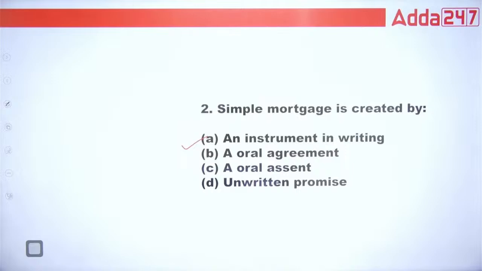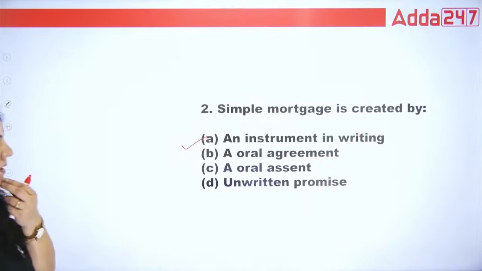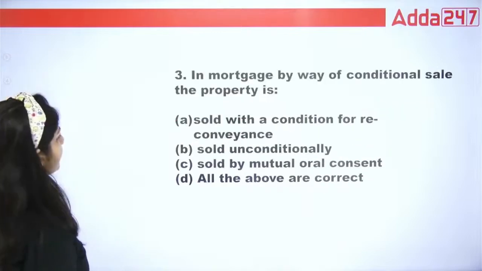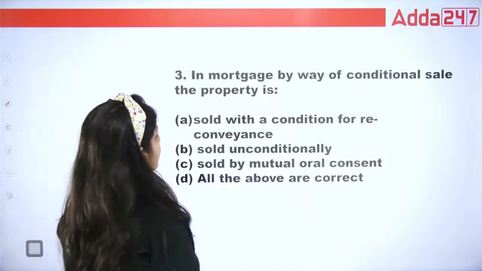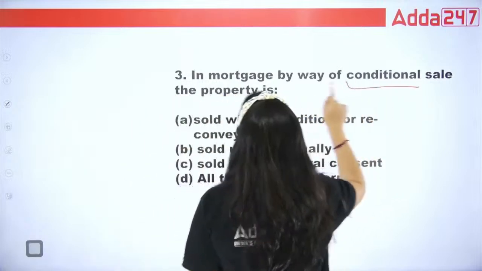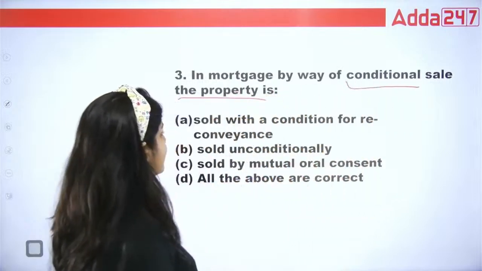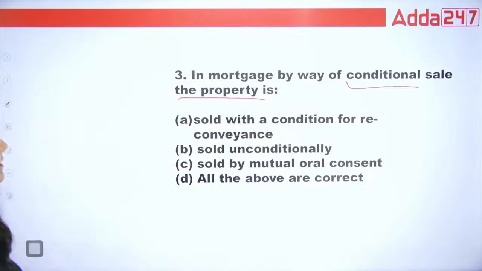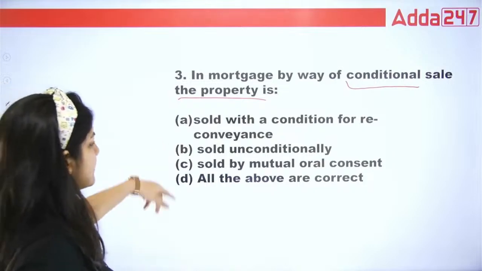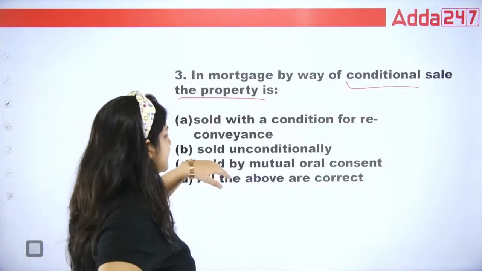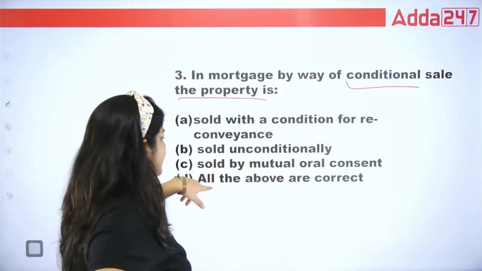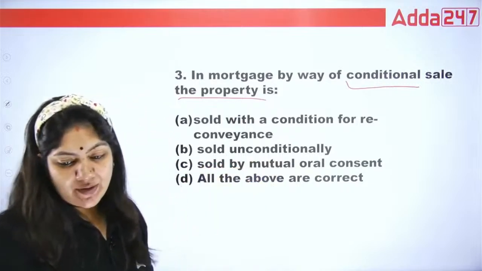Excellent. Okay, excellent. Next, in the mortgage by way of conditional sale, the property is sold with condition of reconveyance, that is retransfer; sold unconditionally; sold by mutual oral consent; or all of the above is correct. What is the right answer?